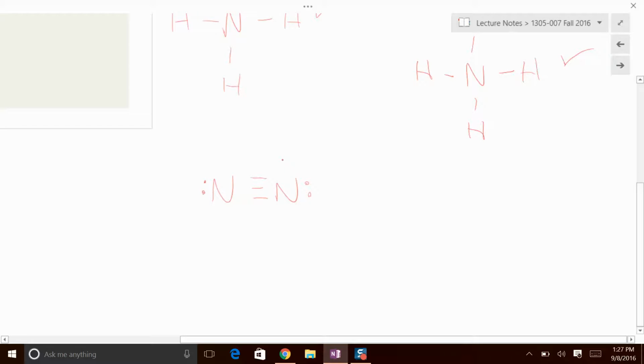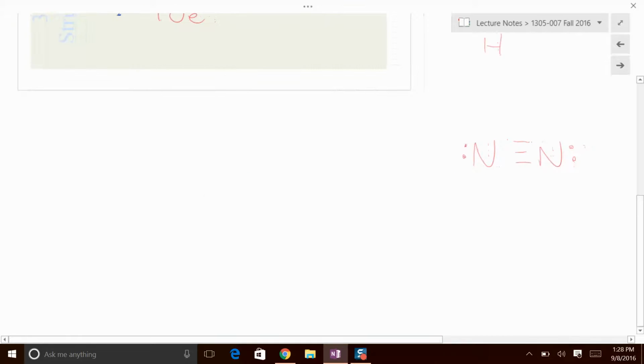This is my structure for nitrogen. Does it matter where on, like around the end where the electrons are? No, it doesn't matter. All that matters is you have the correct number of bonds and the correct number of electrons. Okay. All right. So that's how I would draw those.